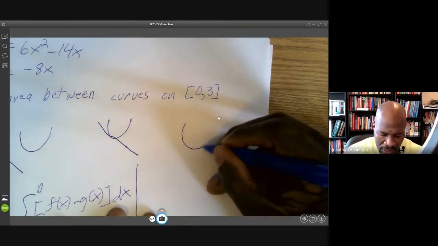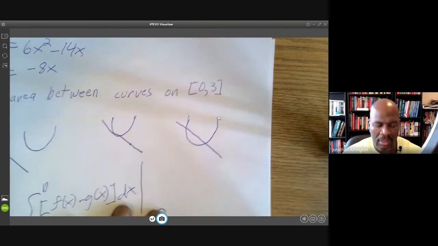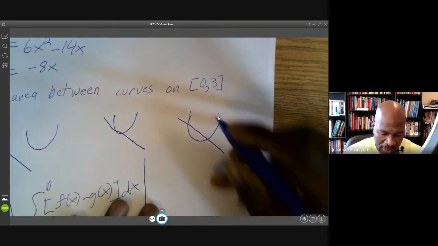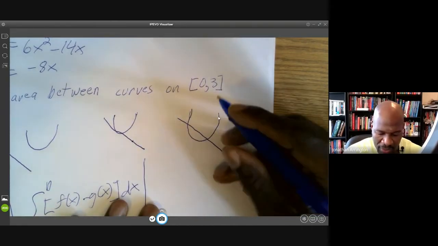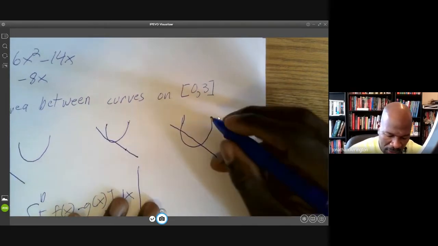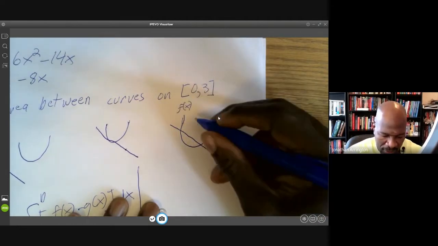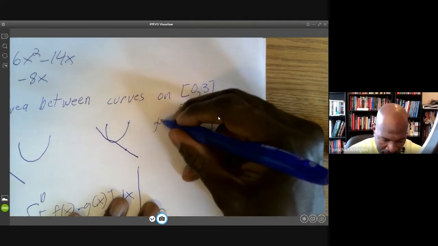So let's just say the graph is like that. And let's just say, hypothetically speaking, and we'll look at it in more specific terms in a second, this is f here, and this is g here.